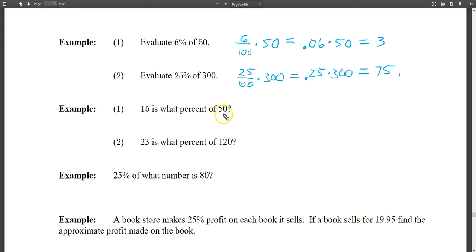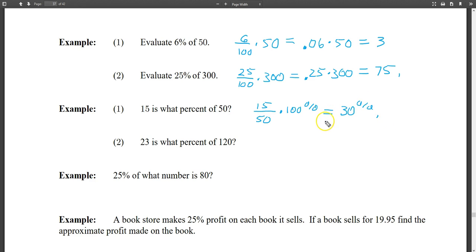15 is what percent of 50? If you want to try these on your own, you can. We would evaluate that as 15 divided by 50, and then to turn that into a percent, we would multiply by 100%, and that is going to equal 30%.